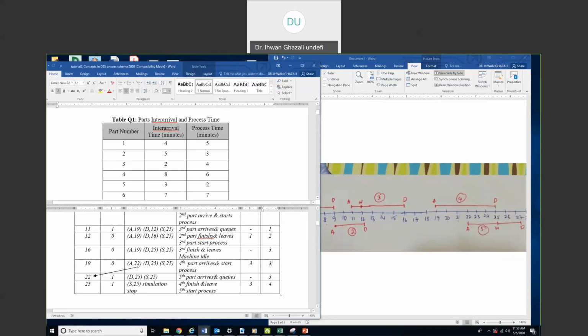Okay, this 22 and 25, this one happens first in the system. Okay, just put 22 here. Okay, and this D25, D25 is obtained from the closest D in this timeline. Still this D, yeah?